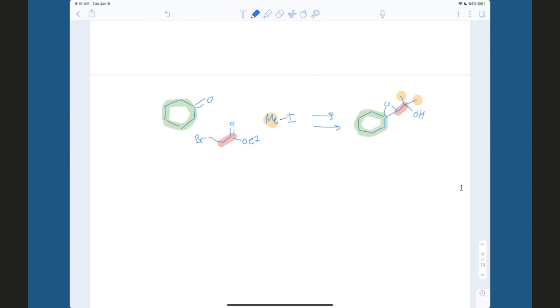Since we have an ester here and we have 2 methyls introduced to the product, we could think somewhere this needs to be turned into like methyl lithium. And perhaps it would eventually be attacking this ester to add twice to make the tertiary alcohol.